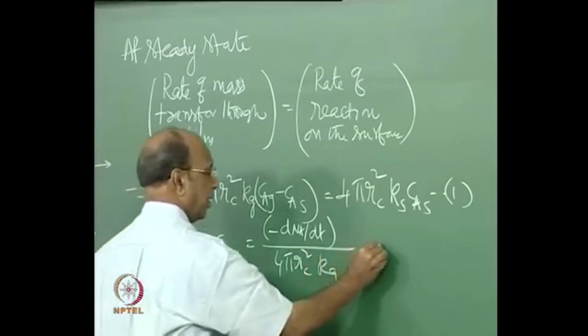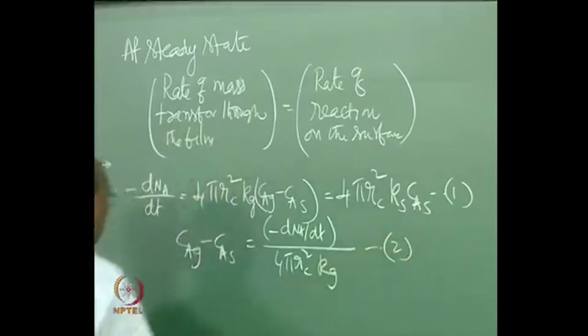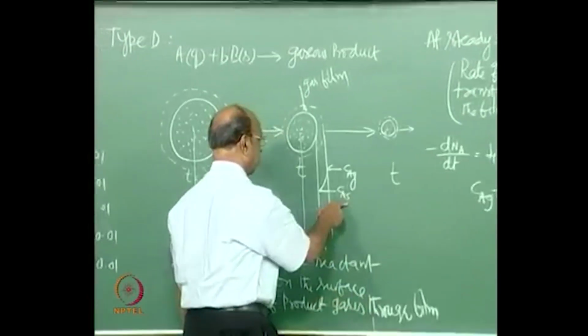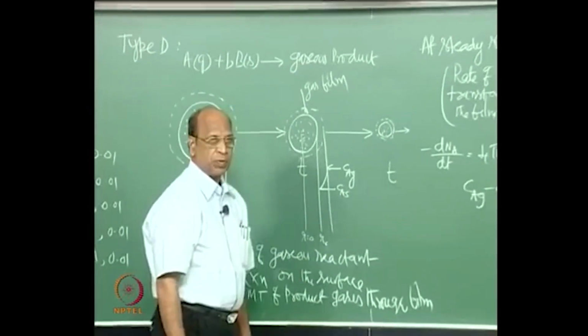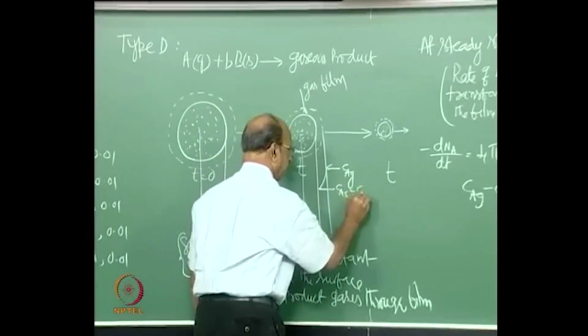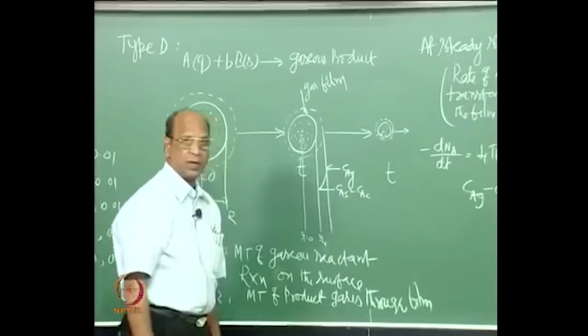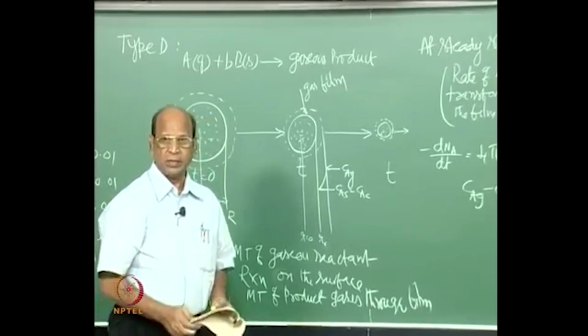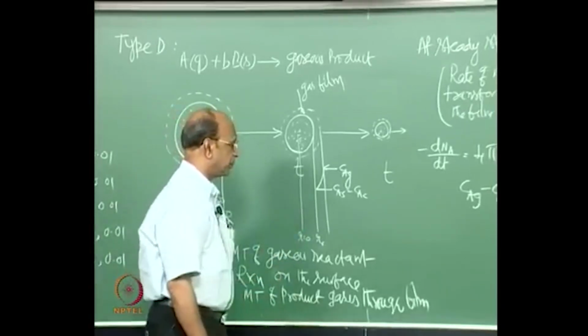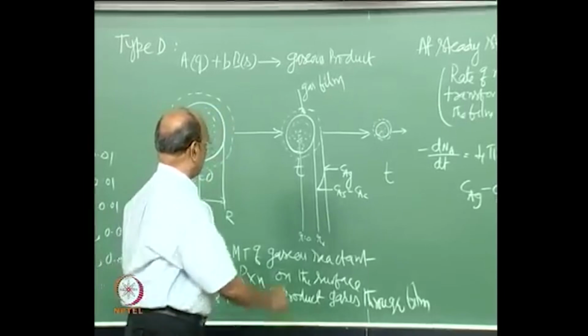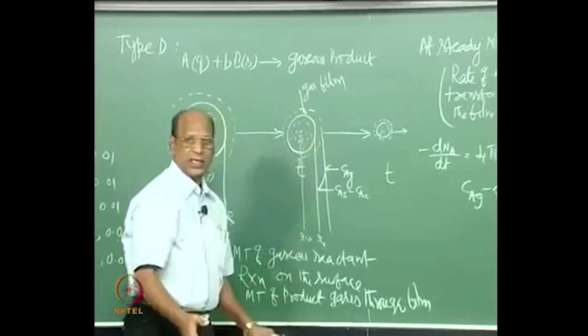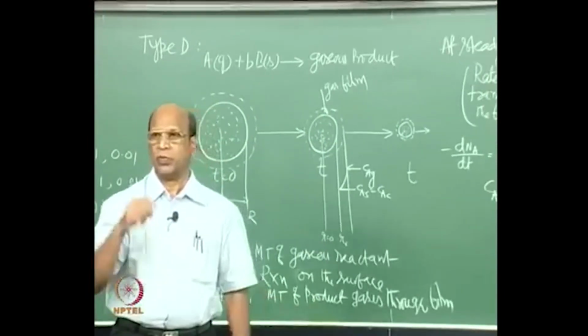This is equation 2. You have to remember that CAC is also equal to CAS. Let me write that at least once. It is on the core, but now for us the core is itself the outer surface.